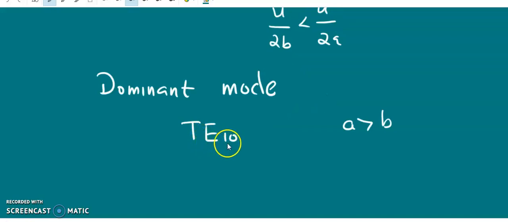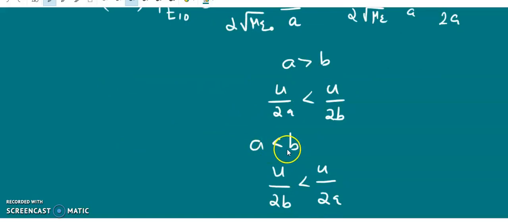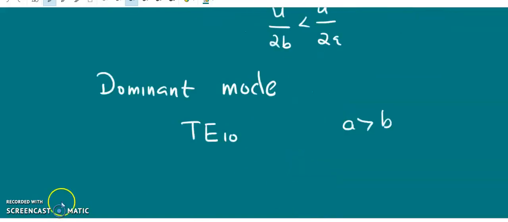And therefore, TE10 is the dominant mode of a rectangular waveguide with a greater than b, and TE01 is the dominant mode of a rectangular waveguide with b greater than a. So for most rectangular waveguides, a is greater than b, and TE10 acts as the dominant mode of the rectangular waveguide. Okay, thank you.